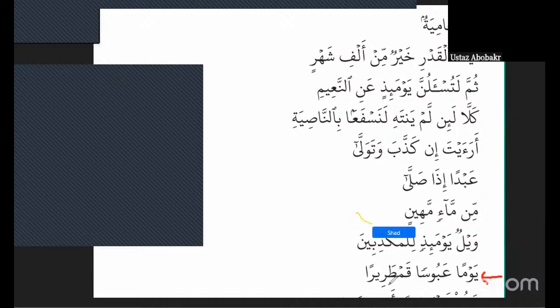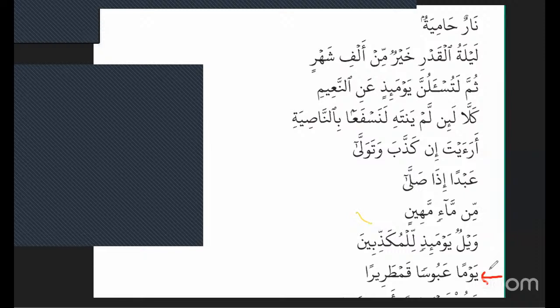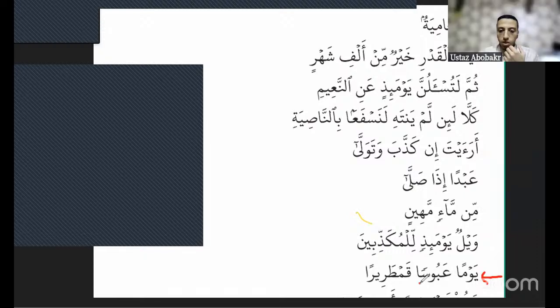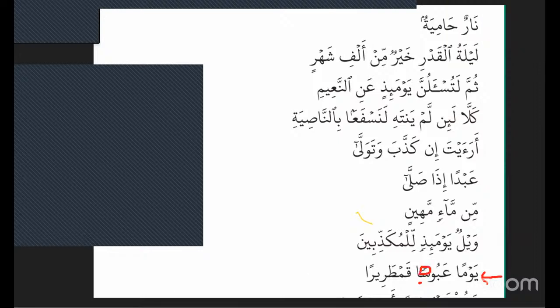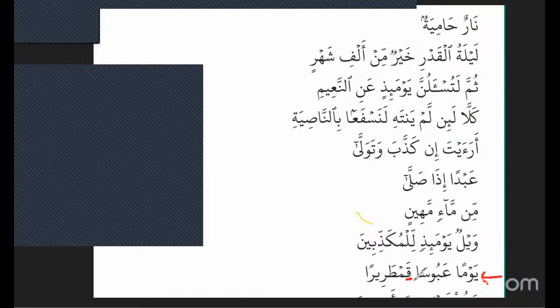Yes. قمطريرا. Would you be able to tell the tanween in the first one, يوما? Yes, so that's إظهار. يوما عبوسا. How about this one, عبوسا? There also, and last also. Yeah. قمطريرا. Tanween and then qaf. So what we're going to do is make إخفاء, hiding the tanween, making غنة.